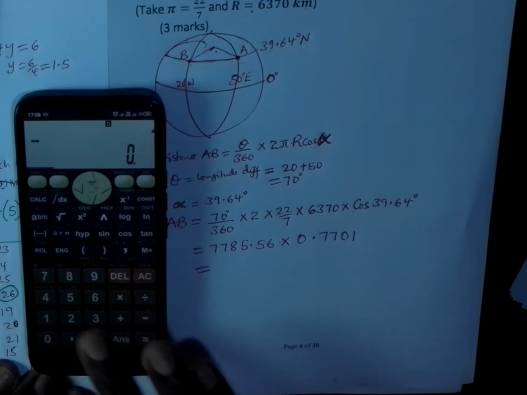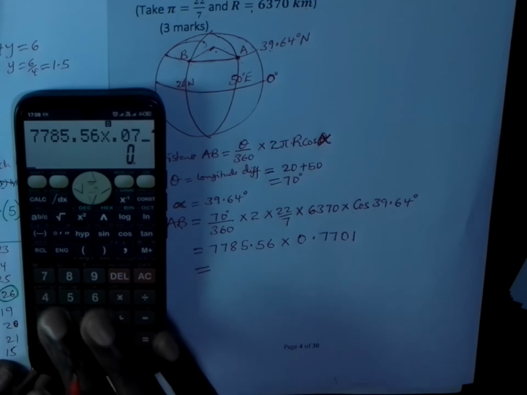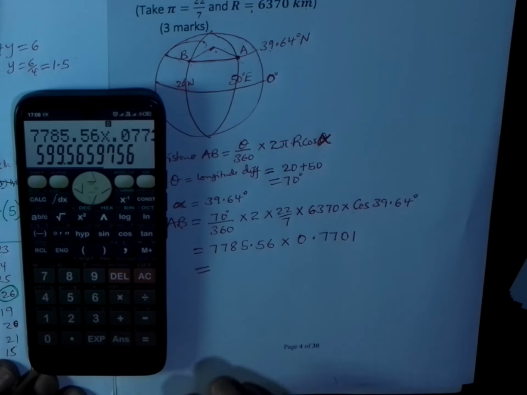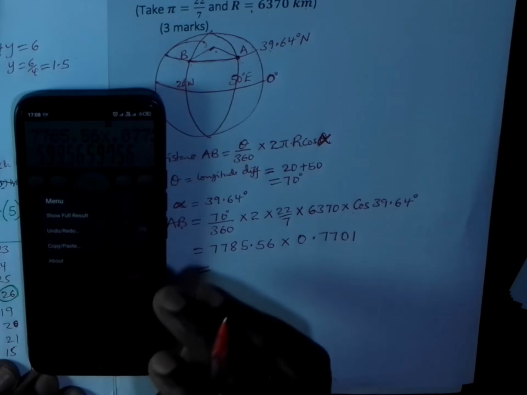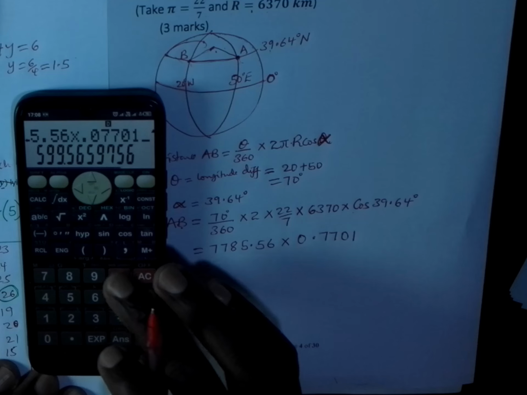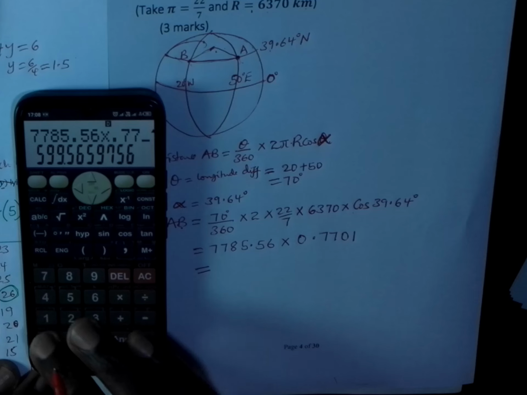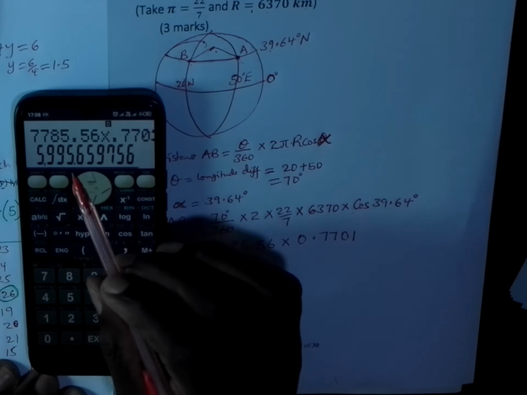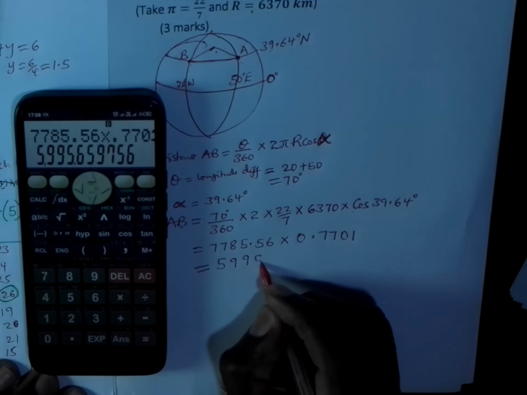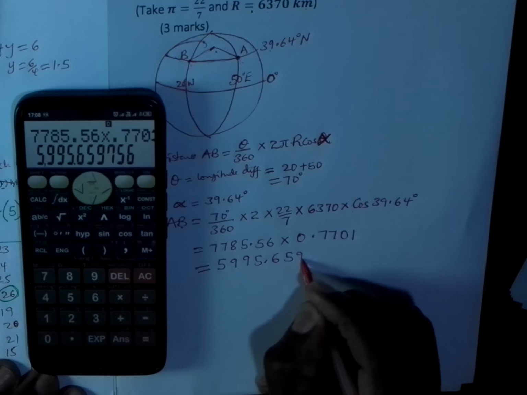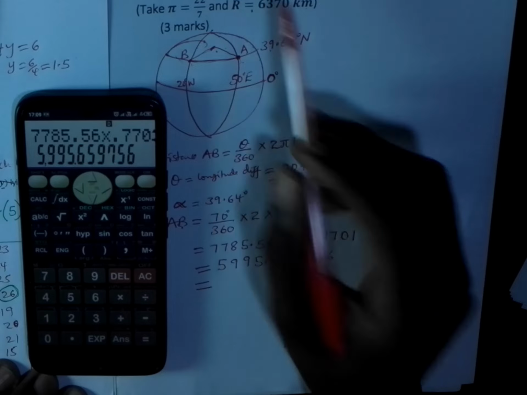So we end up multiplying them and we get 5,995.659756, but the question requires the nearest kilometer.